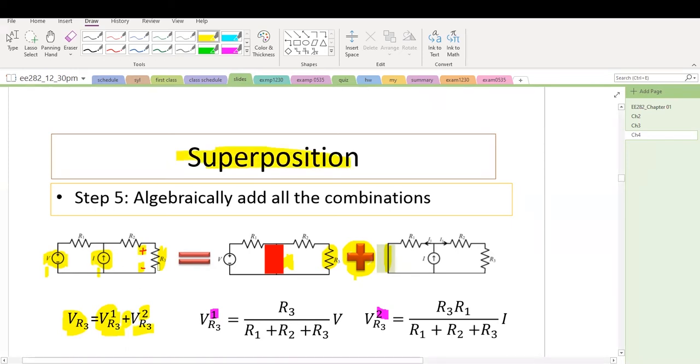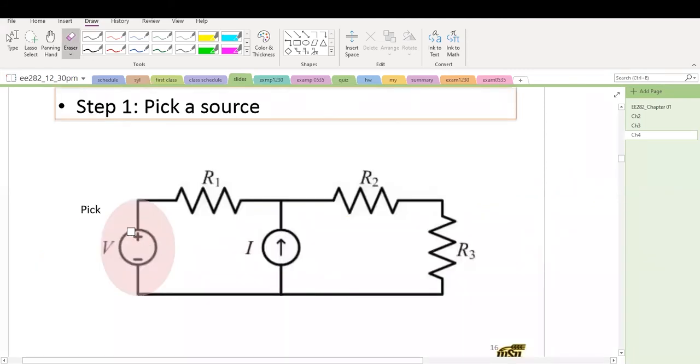Next, let's look at how we consider each independent source alone, one by one. How do we do that? Let's look at the first part, the voltage VR31. VR31 is the voltage with this voltage source acting alone.